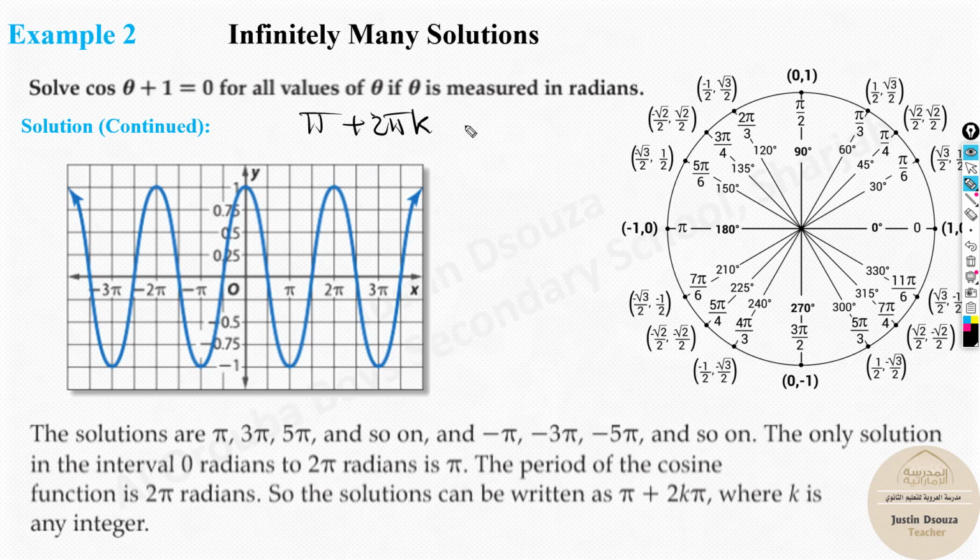K can be 1, 2, 3, 4, minus 1, 2, 3, 4, and so on. If you say k is 5, it'll be pi plus 2 pi times 5, so pi plus 10 pi, that's 11 pi. Yes, at 11 pi again you will have negative 1. So this is the solution, and you can have all possible solutions. You just write pi plus 2k pi.